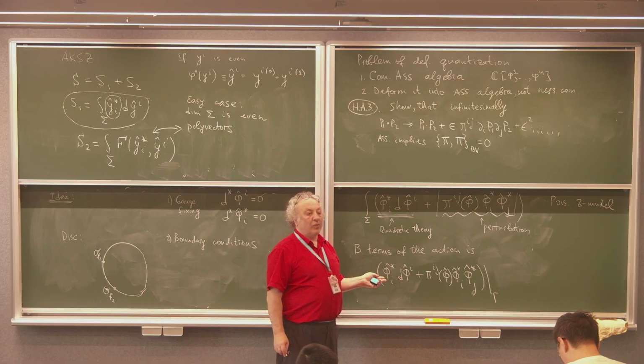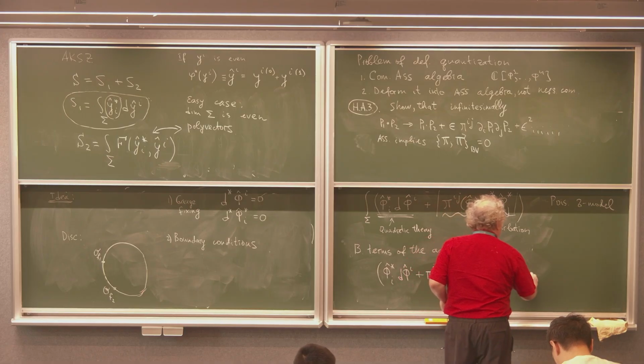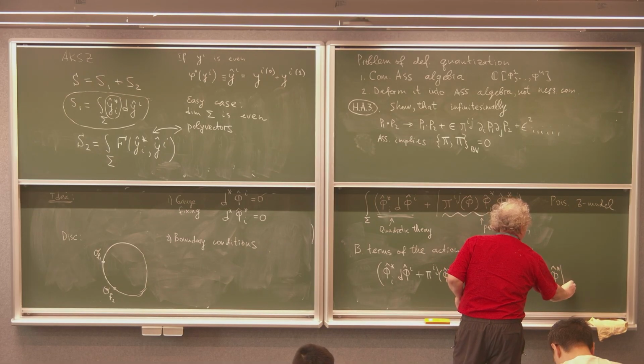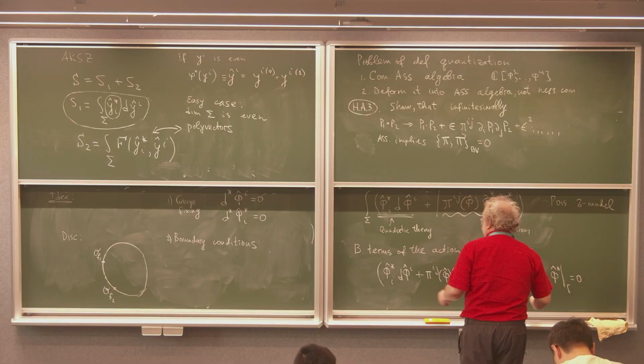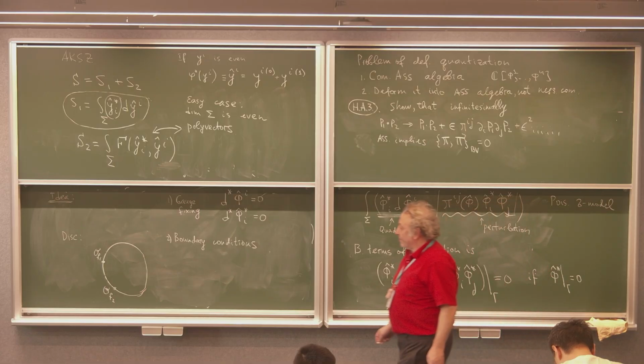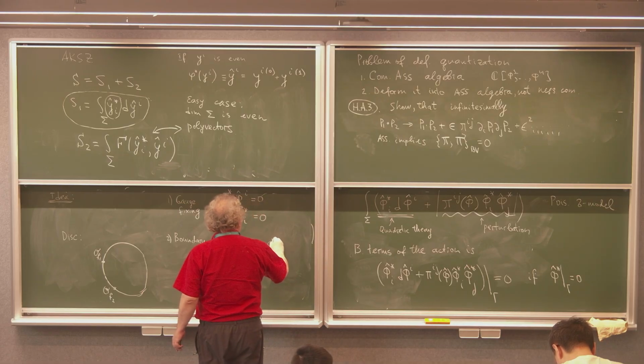The easiest way to make it vanish is for phi star restricted to the boundary to vanish. Actually, both terms vanish. Okay, so we have found this.